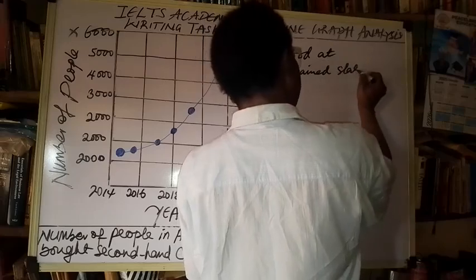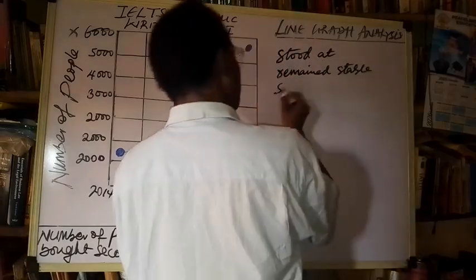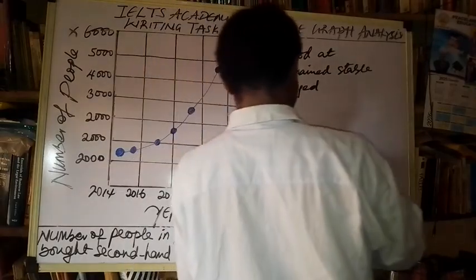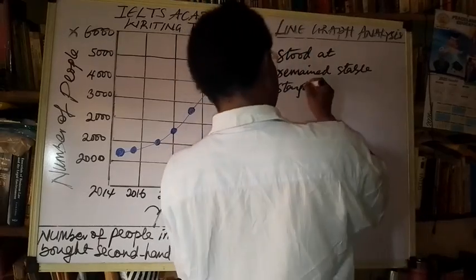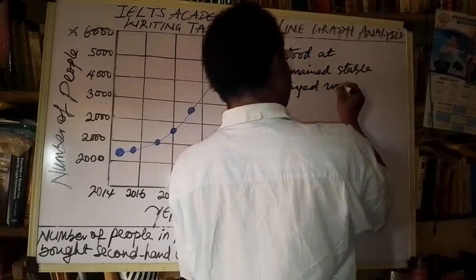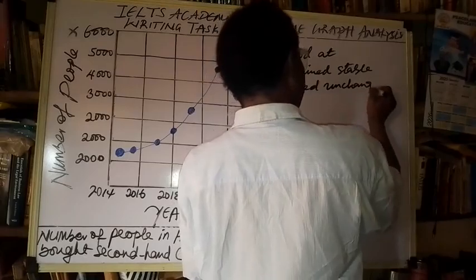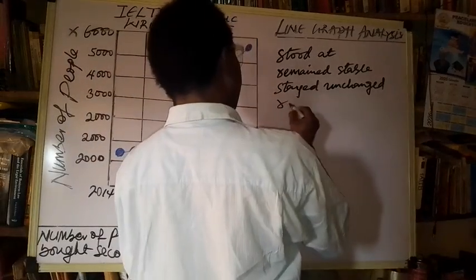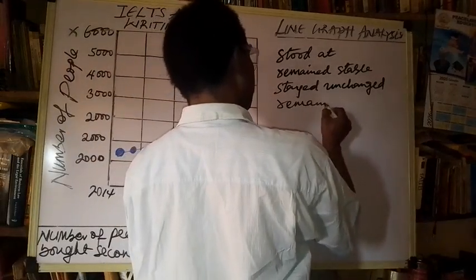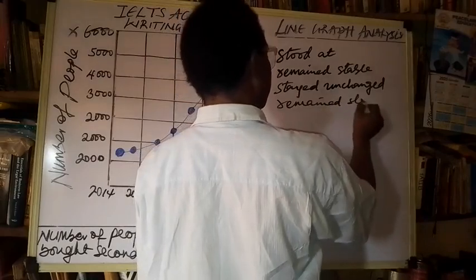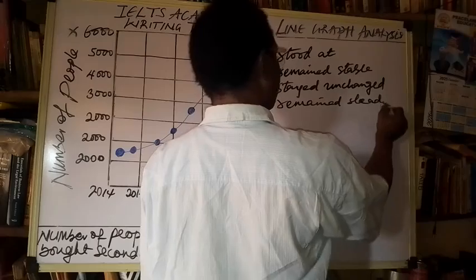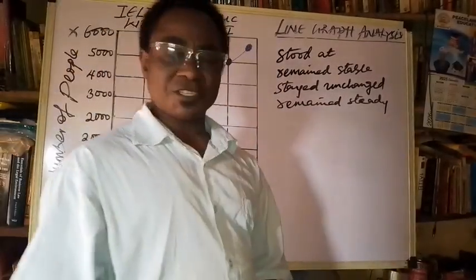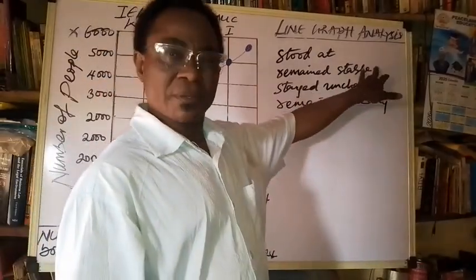Remained stable, stayed unchanged for a period of time, remained steady. Quantity remained steady, that means unchanged, or it was stable.